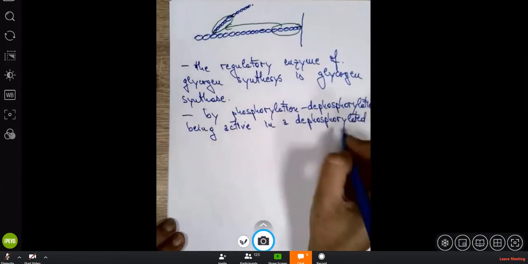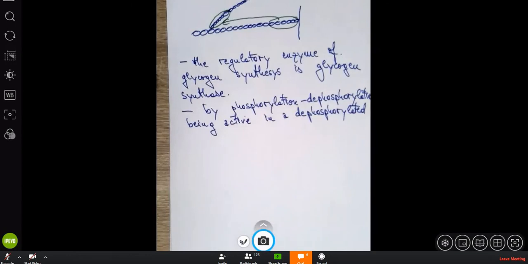Because insulin is going to love this process. Insulin wants my blood glucose level to become lower. So putting glucose inside a glycogen molecule is practically taking glucose out from the blood.